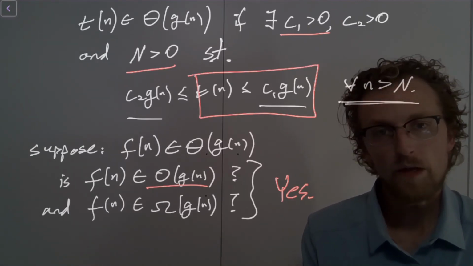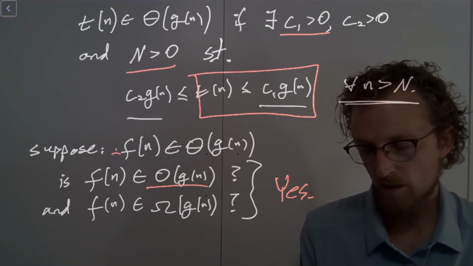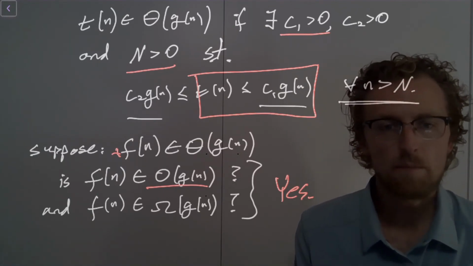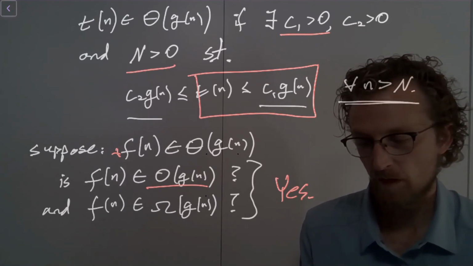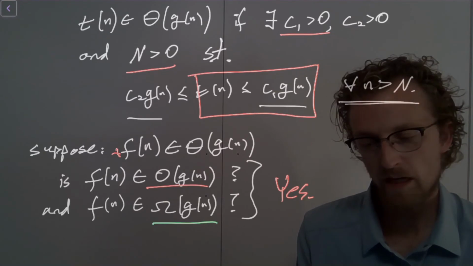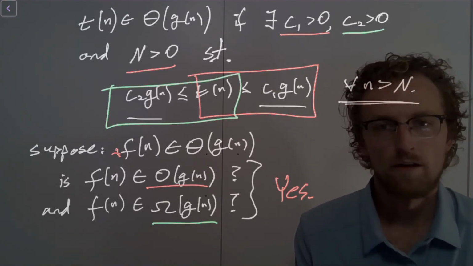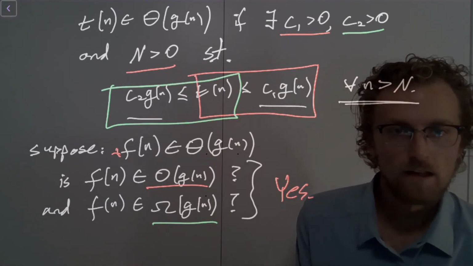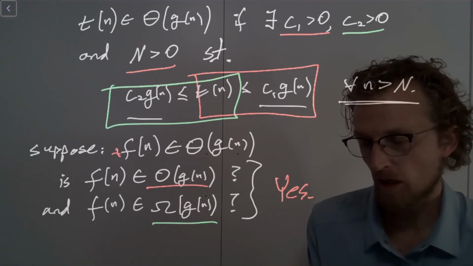The fact that we already have big theta established means that big O is satisfied automatically. So f of n is big O of g of n. What about omega? The same exact thing holds. What does omega mean? It means that there exists a constant such that this inequality holds. So literally, big theta is exactly the intersection of big O and big omega.